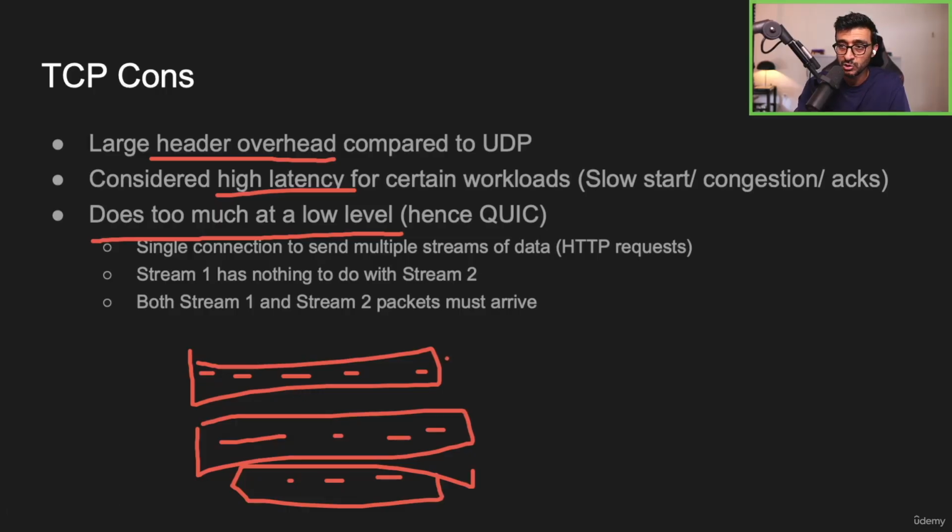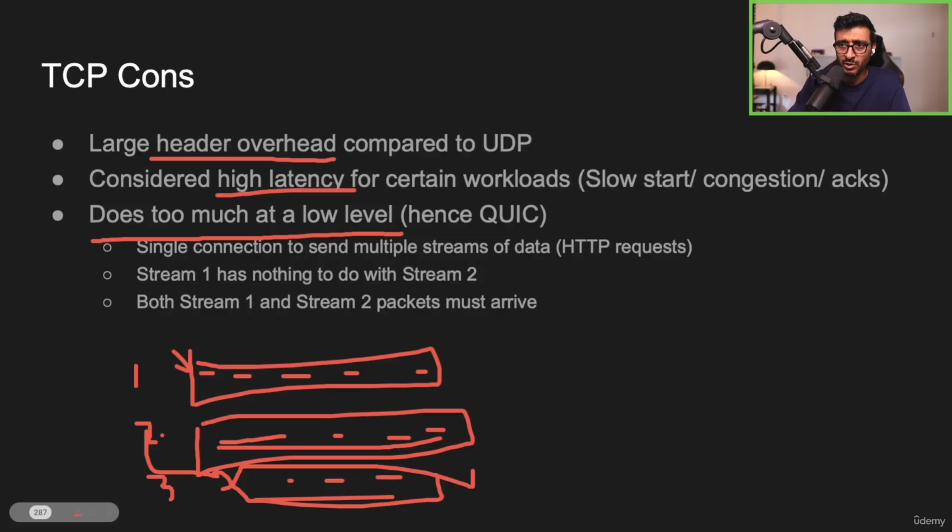I want the segments within each to be ordered, but it doesn't matter if this one arrived before that one as a unit of work, because they are independent stateless requests. So it's request 1, 2, 3. Let's say I'm labeling the requests. If 3 arrived before 2, sure, go ahead and execute it.